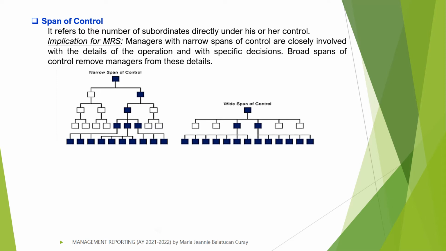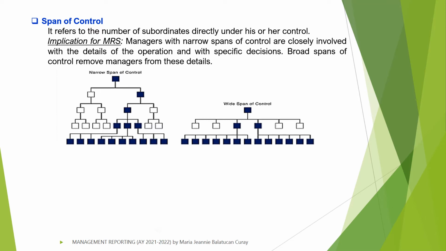Thus, this translates into better employee morale and increased motivation. But it depends on the nature of the task, because the more routine and structured the task, the more subordinates one manager can control.